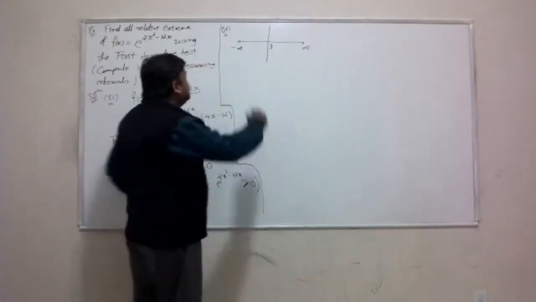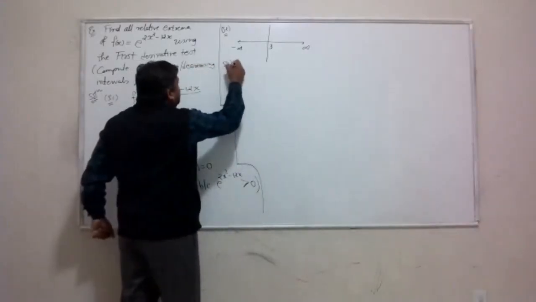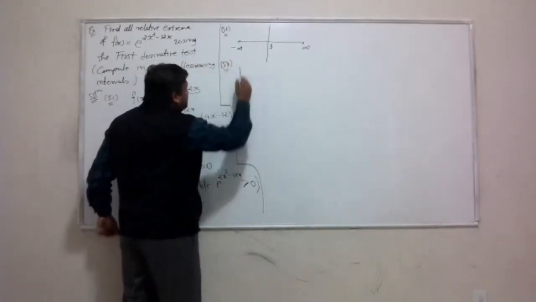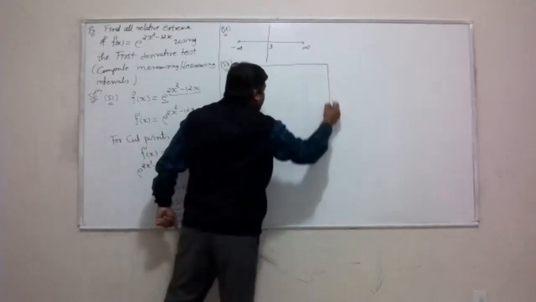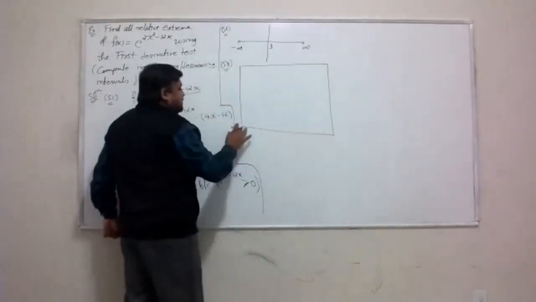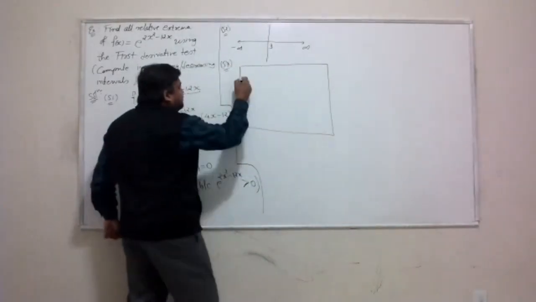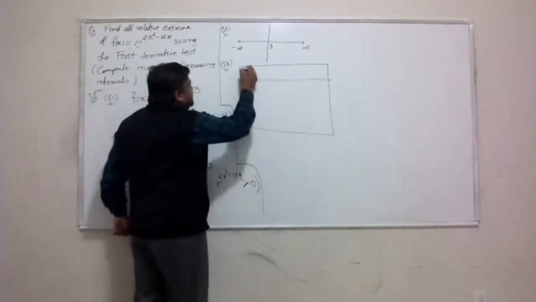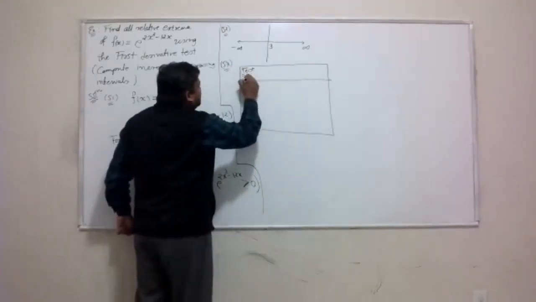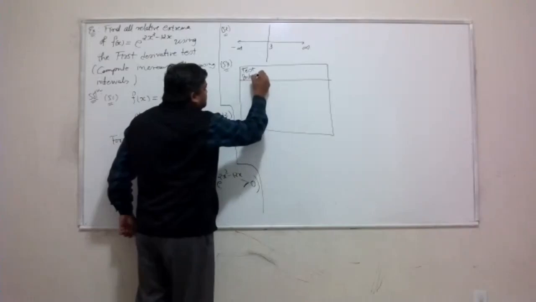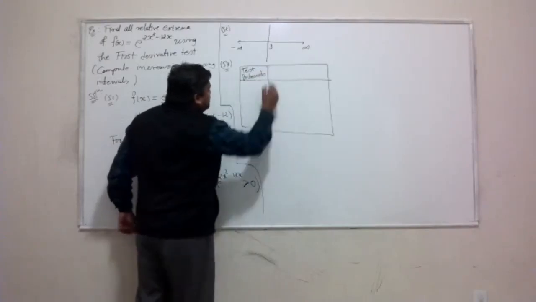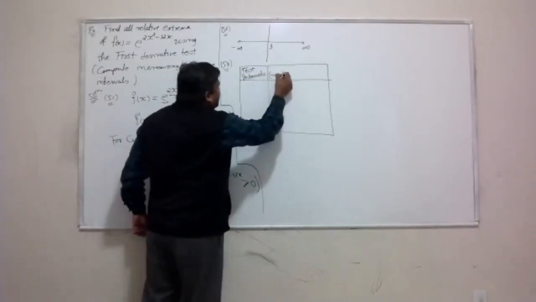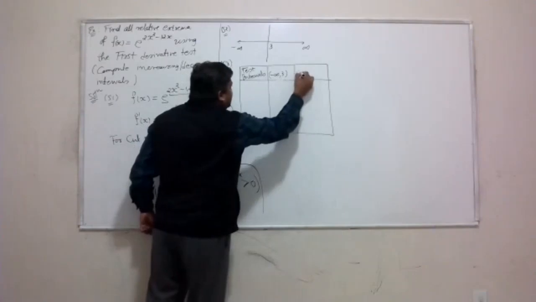These are two subintervals. Let's create that table. All right, the table consisting of 4 rows. Row number 1 stores the information about test intervals. There are two of them, negative infinity to 3 and then 3 to infinity.